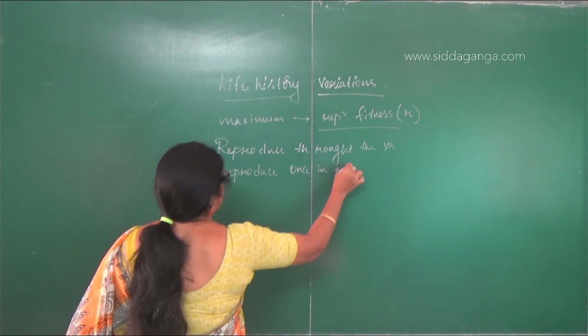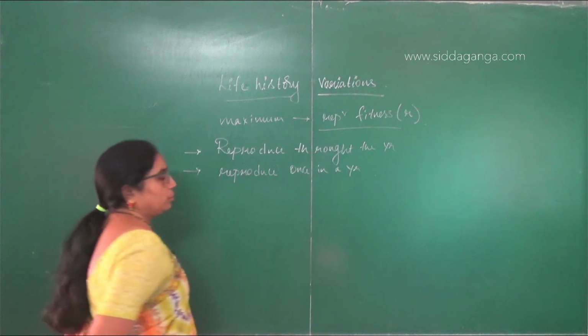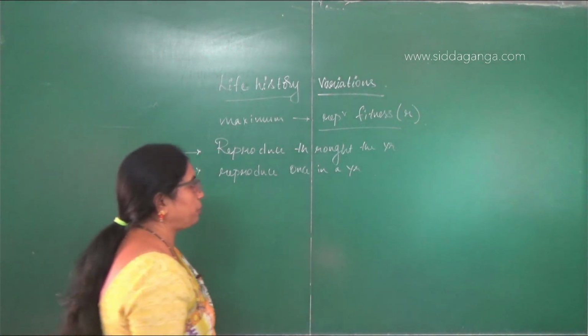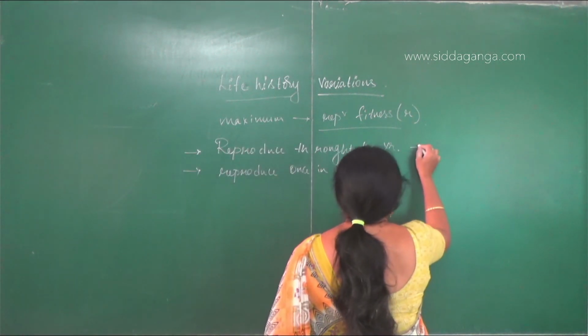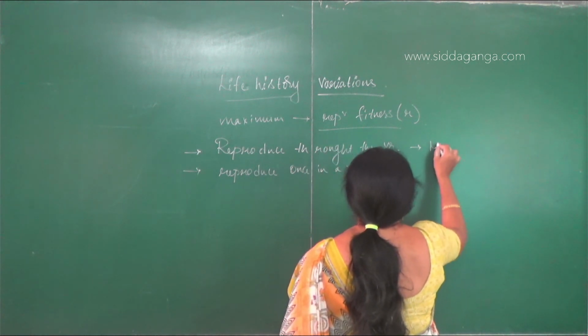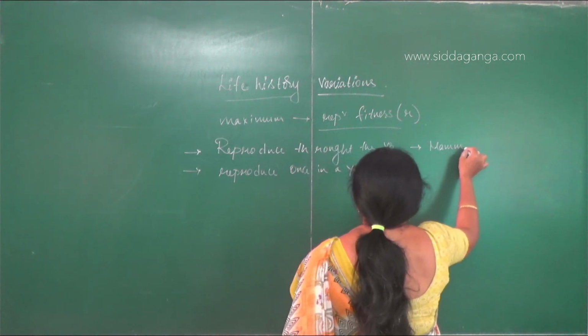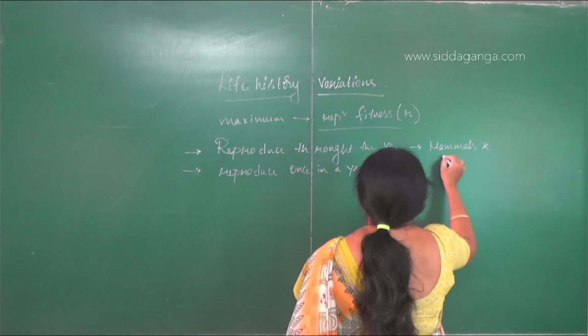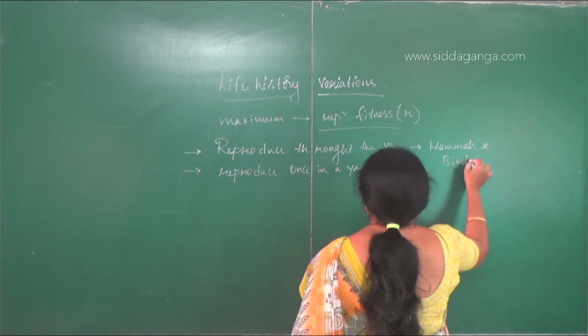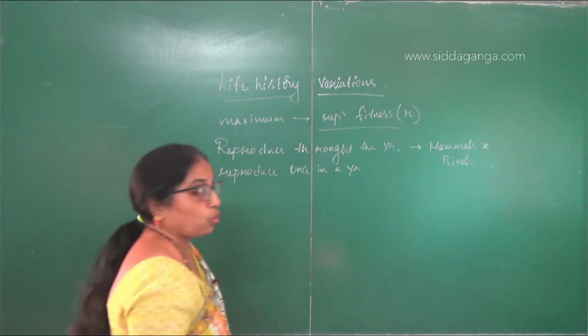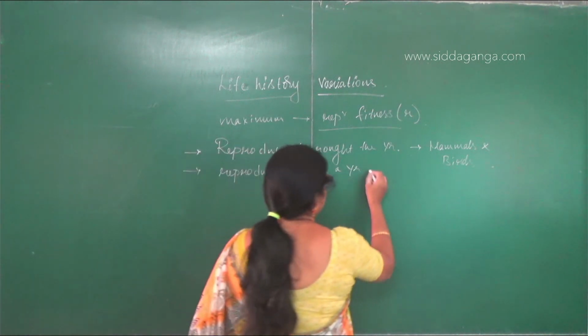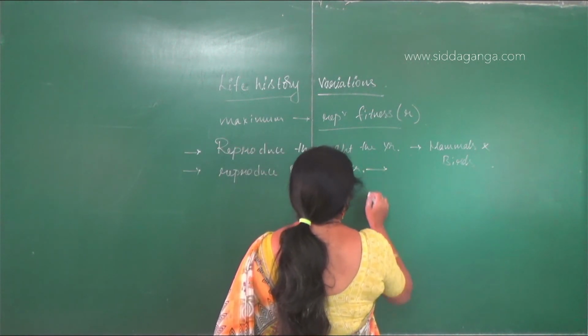The populations which reproduce throughout the year are the mammals and the birds. And reproduction can be seen once in a year in others.